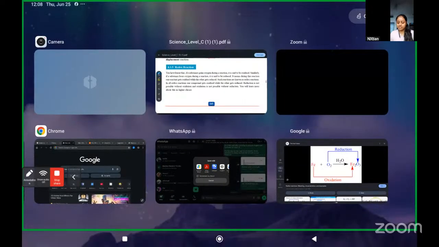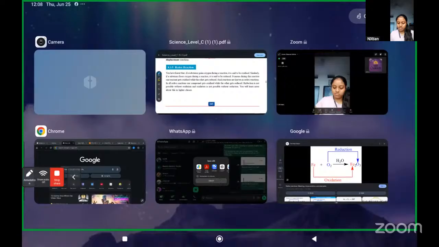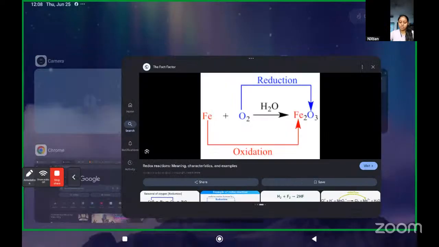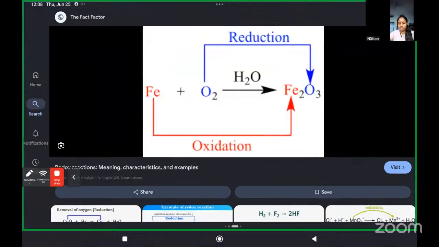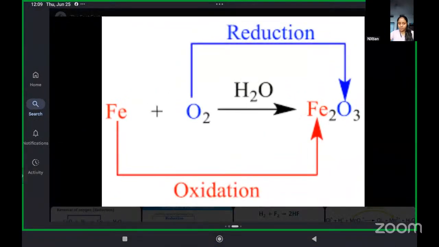Fe is a substance, O2 is another substance. Fe is iron, O2 is oxygen. When iron reacts with oxygen in the presence of water, it becomes Fe2O3.